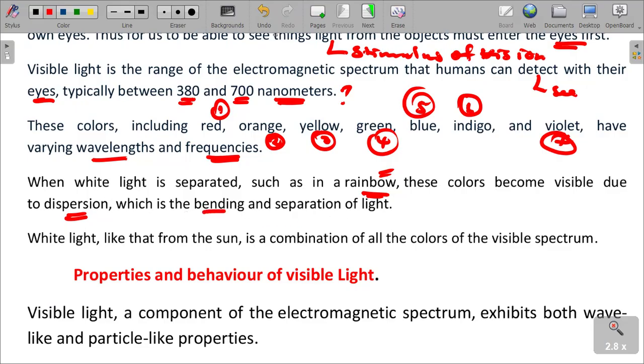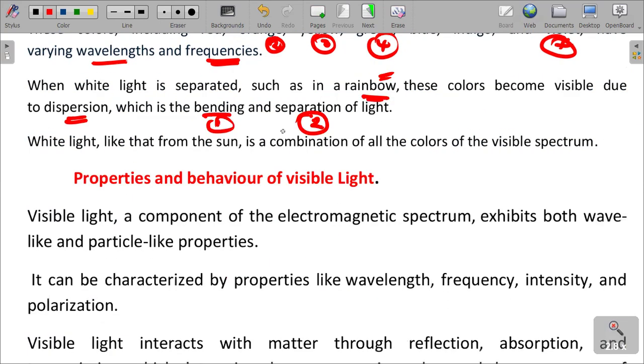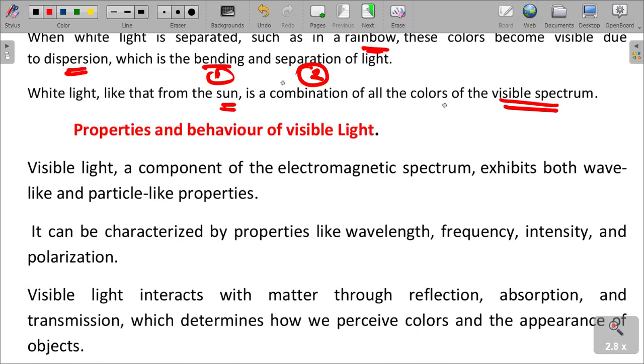So when white light is separated, the various colors can be seen because of the bending and separation of light. White light like that from the sun is a combination of all the colors of the visible spectrum.